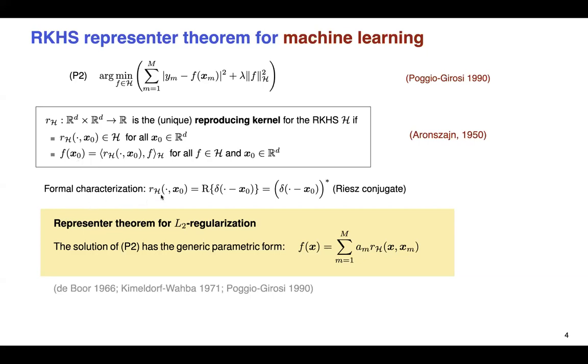And in fact, there's a formal characterization that uses the Riesz map: this reproducing kernel is the Riesz conjugate of the Dirac located at position x0. So it's a unique guy of that form, and that then gives this representation in terms of kernels.